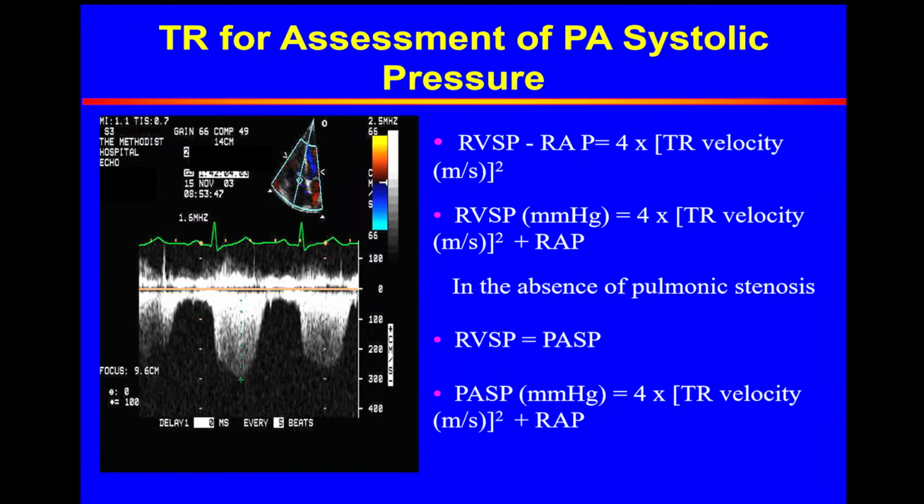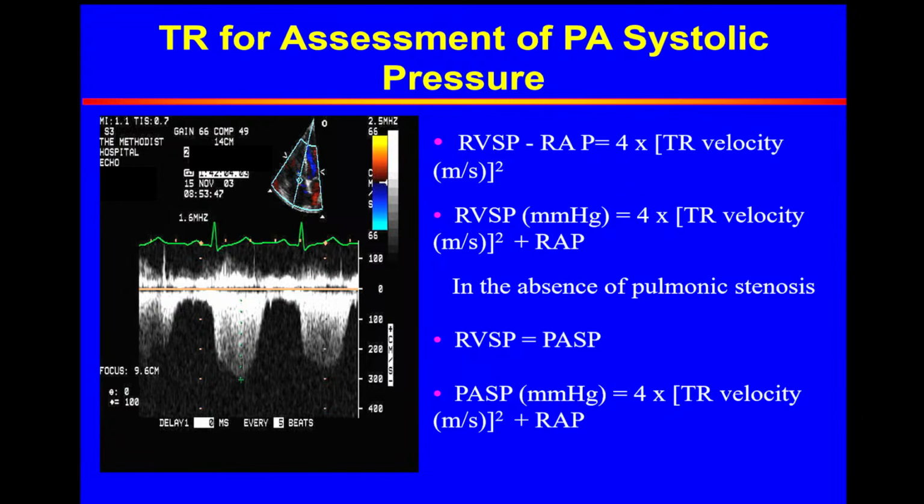Where does this fall apart? It falls apart if I am not well aligned with the TR velocity and I underestimate it. Sometimes people get the maximum velocity and they don't recognize that they are capturing the peak velocity of the mitral regurg, not the tricuspid regurg, and you end up with very abnormal values and big problems in terms of patient care and report.